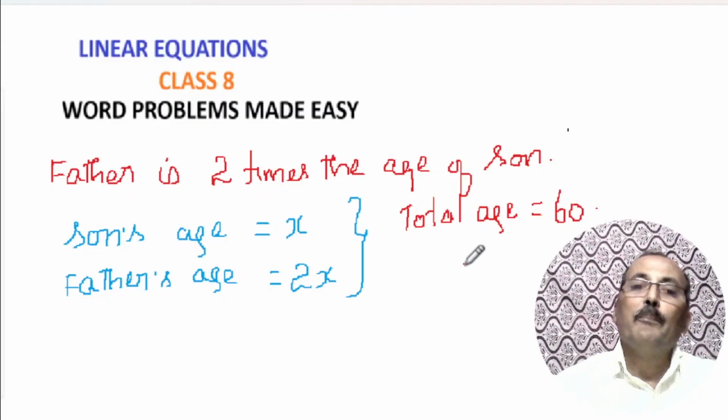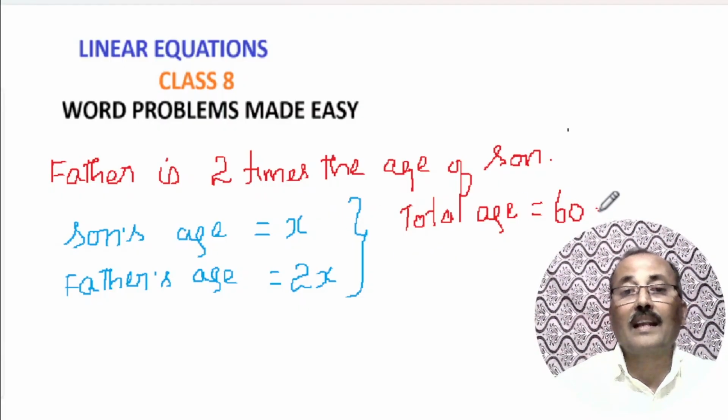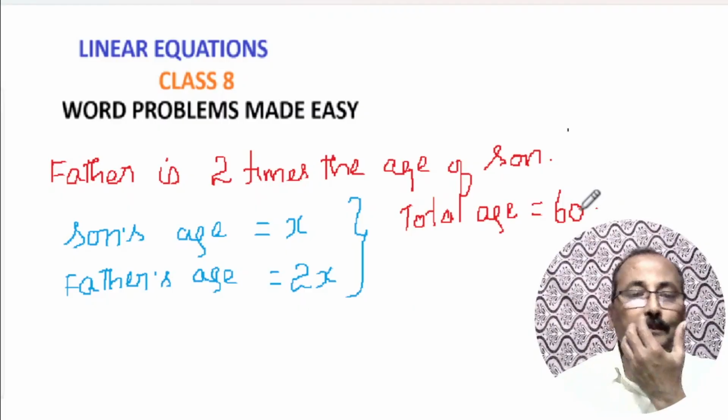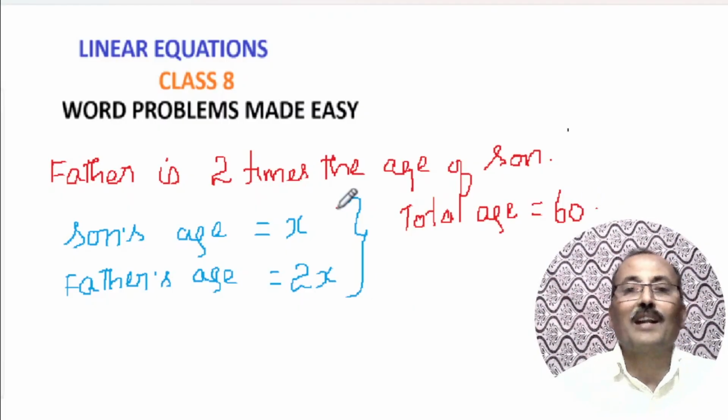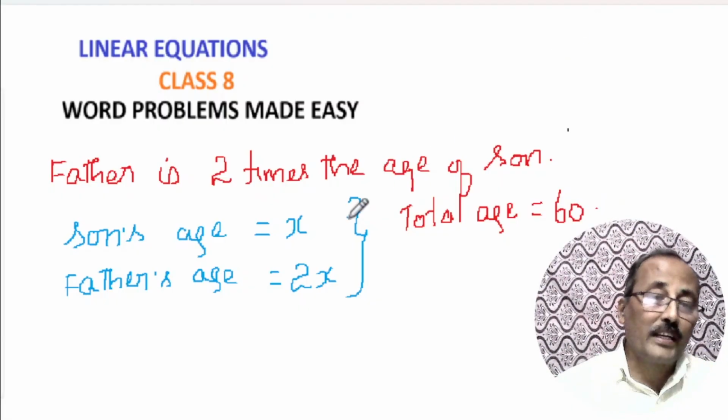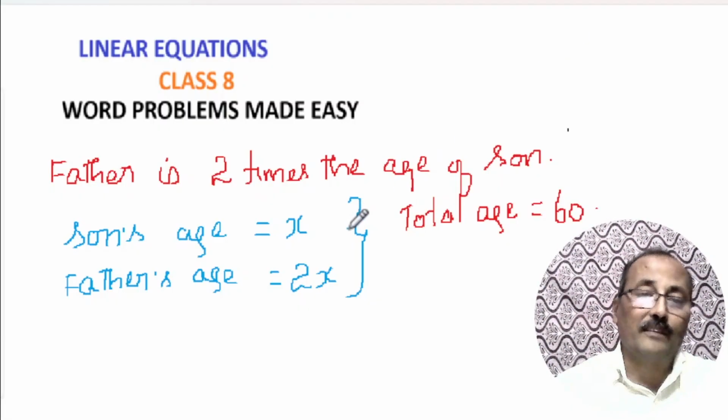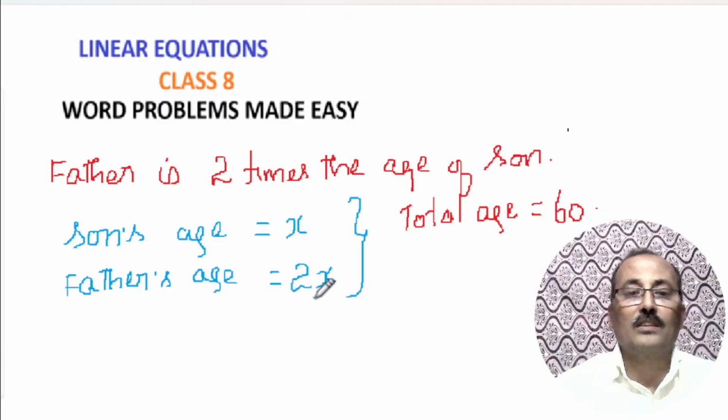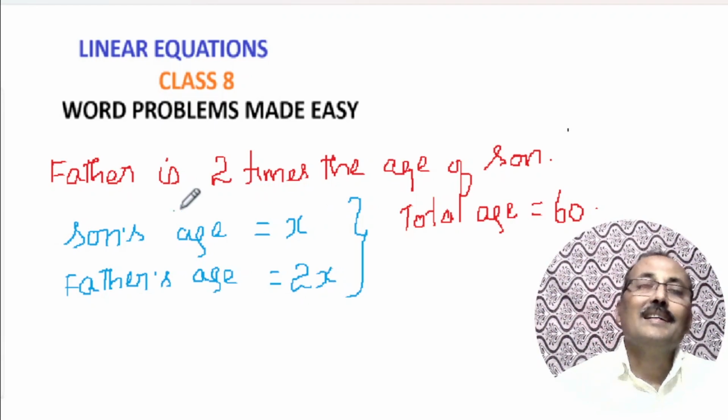If son is 1, father will be 2, 2 times only, not possible. So we cannot go on guessing, substituting 1, 2 times is 2, 4, 3 is 6, 5 is 10, like that you cannot. So what is that?